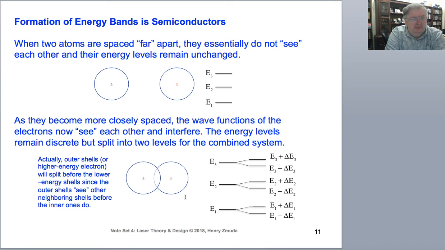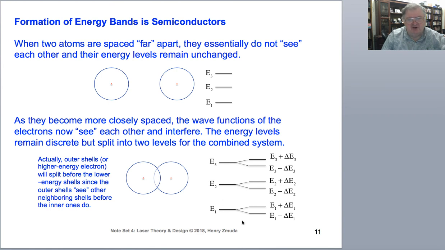When two such atoms are far apart, they essentially don't see each other, right? Their energy levels remain unchanged. So here's a hydrogen atom. We're assuming they're far apart, and we have the energy levels E1, E2, E3, and so forth. But as we bring them closer together, the wave functions for the outer shell electrons start to overlap and they interfere with each other.